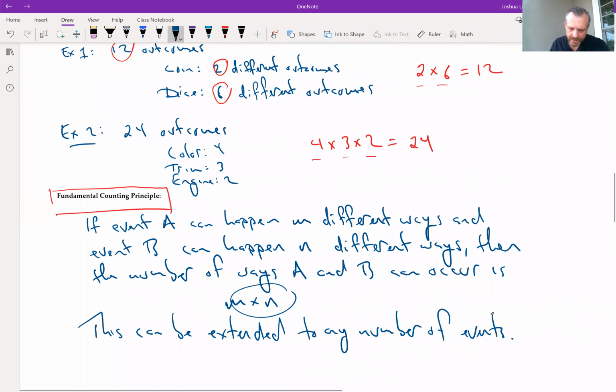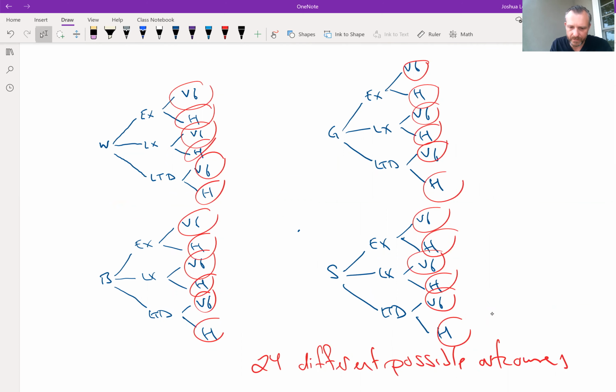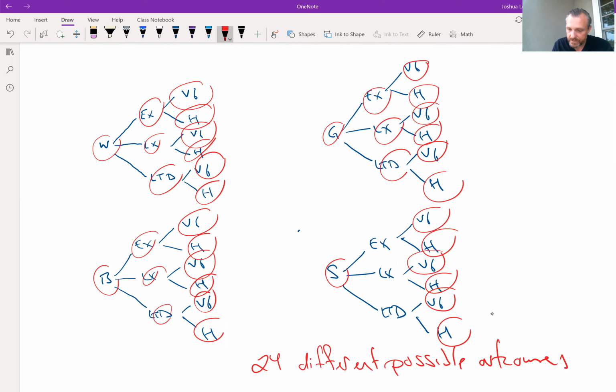I mean, you don't necessarily have to finish listing things out, but you can see it at play, right? If I come back up here, say to this example, you see it at play here because we've got the colors. There are 4 different colors, and each of those branched off into 3 different trims, and each of the 3 different trims branched off into 2 different engine types.